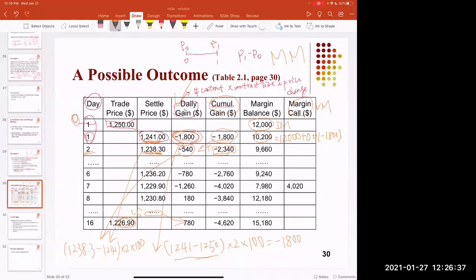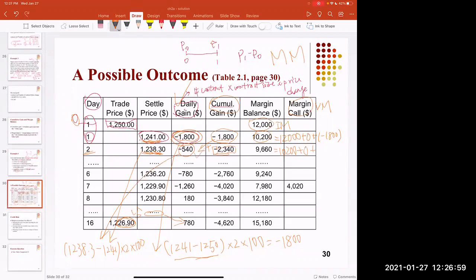And the margin balance, again, is calculated by the previous day's margin balance, plus variation margin. You didn't receive any margin call in day 1, right? So it's 0. And plus today's gain. Today's gain, not the cumulative gain, okay?